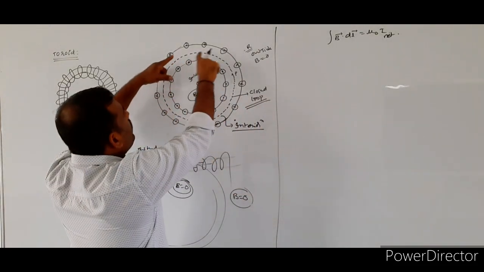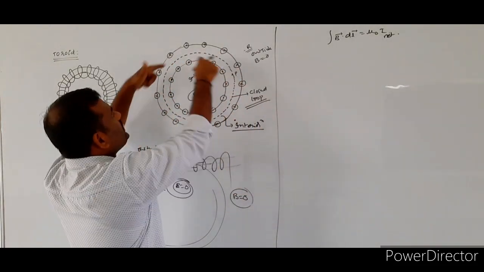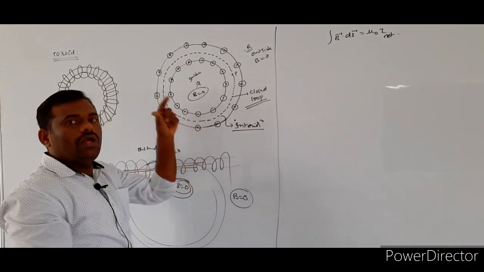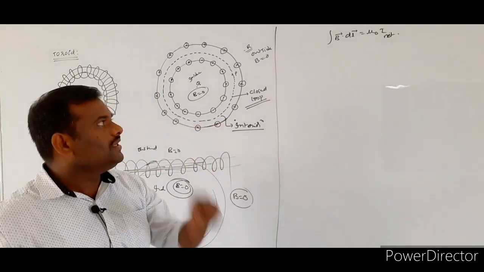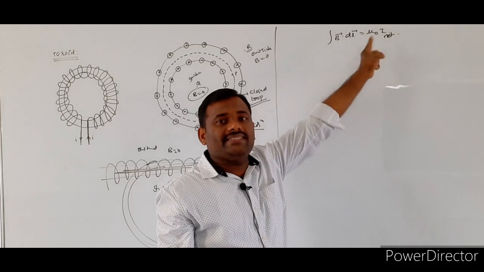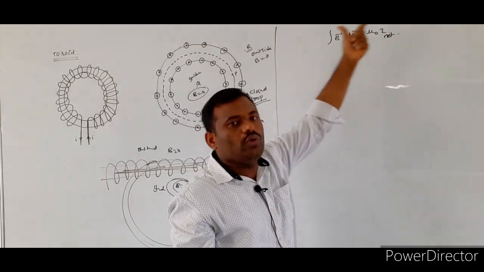This dotted region is indicating the closed loop. To apply Ampere's circuital law, you have to know two values.